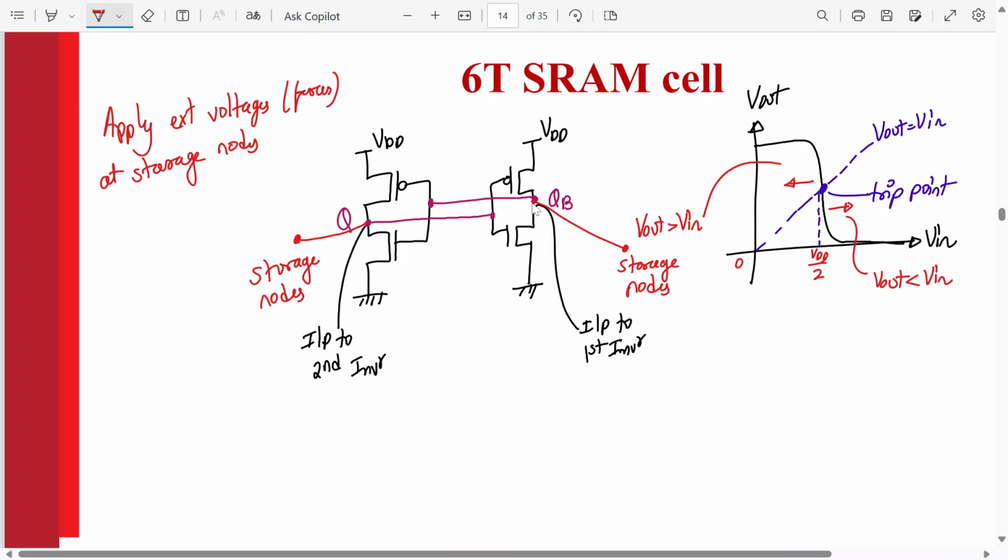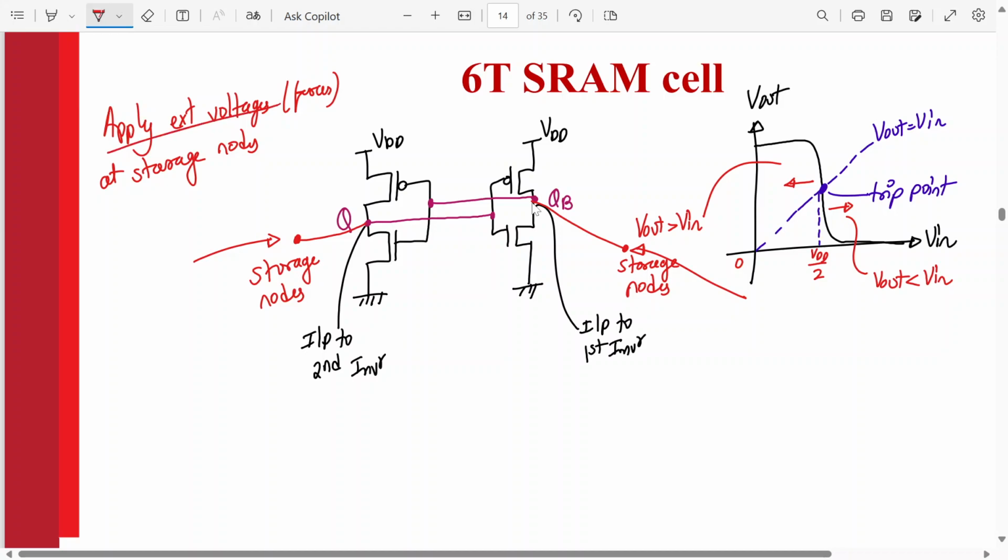Let's say we need to write 1 into this storage node Q. If the data is 0, we need to write 1, or we need to read the data, whatever it is at the storage node Q, either 0 or 1. So we need to connect something over here and something over here. What do we have to apply? Two additional transistors or switches.